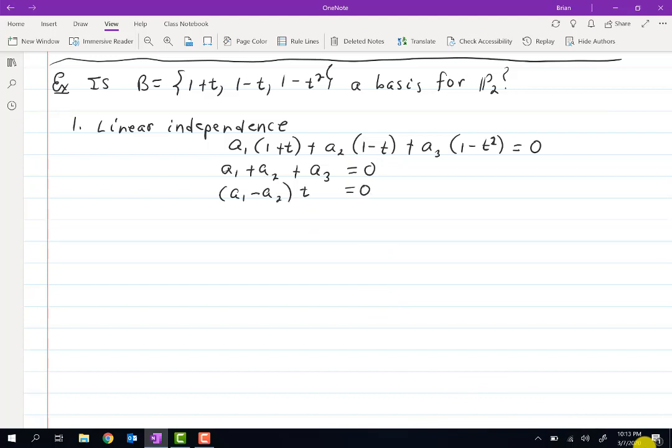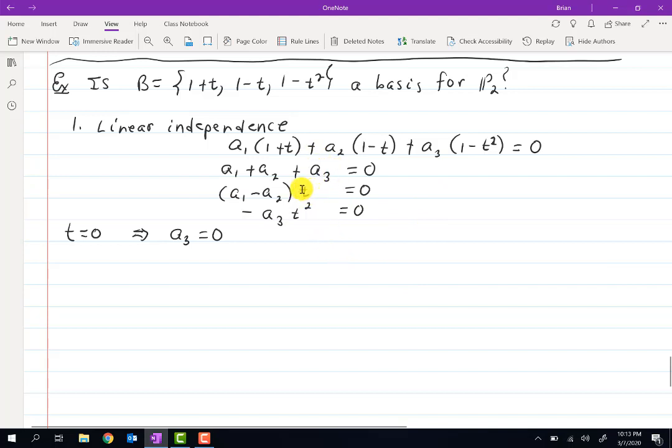And then finally, we have negative a3t squared equals 0. As usual, you can let t be anything practically that you want. For example, if I let t equal the number 1, when t equals 1, we immediately get a3 is equal to 0. That automatically changes this stuff up here.